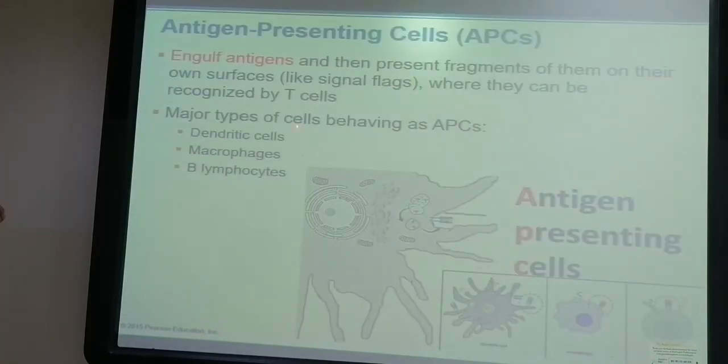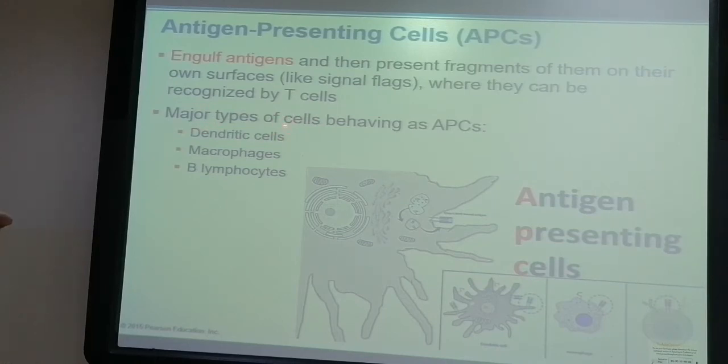We have the antigen presenting cells. The antigen presenting cells engulf antigen and then present fragments of it on their own surface, like a signal flag. It is like labeling, so that they can be recognized by the T cells, and then attacked.